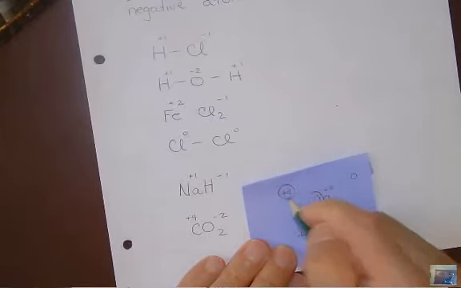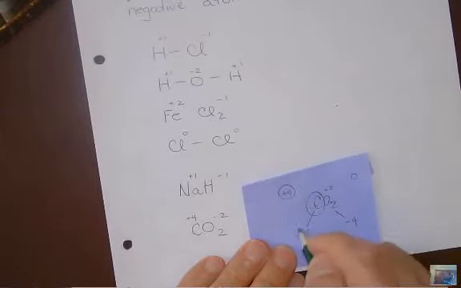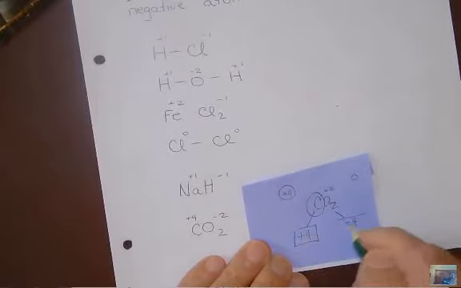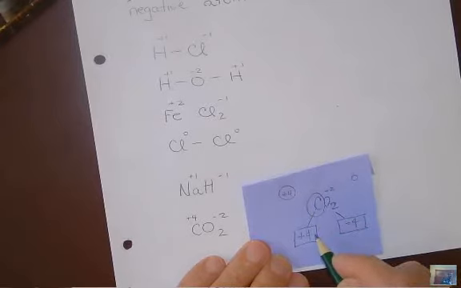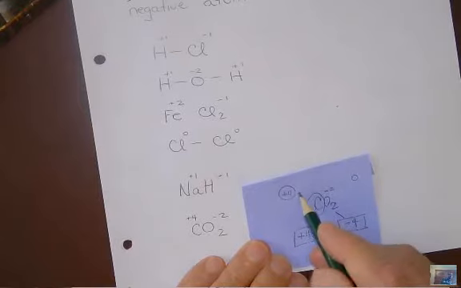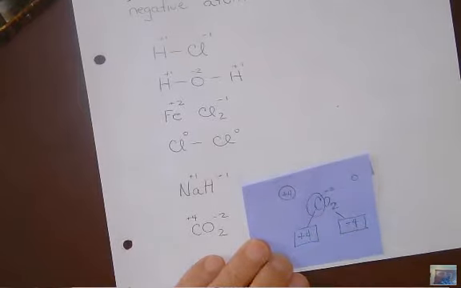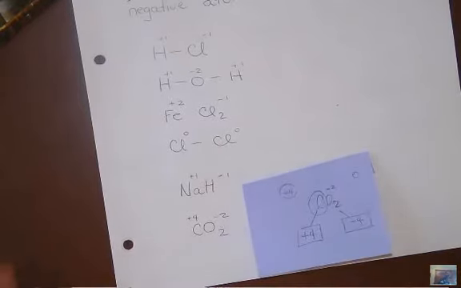The ones I put up here are the charges on each, and the ones I'll put in the boxes could be the charge on all of that species. So this carbon has got to balance the 2 oxygens, so it has to be +4, and there's only 1, so the oxidation state on carbon in carbon dioxide is +4. So that should be a little bit of a review.